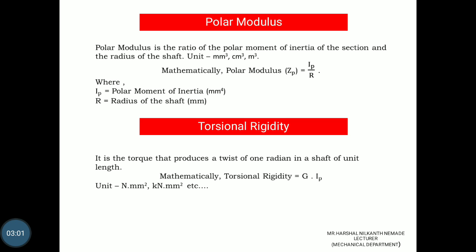Torsional rigidity. It is the torque that produces a twist of 1 radian in a shaft of unit length. Mathematically, torsional rigidity is equal to G multiplied by IP. Unit Newton mm square, kilonewton mm square, etc.